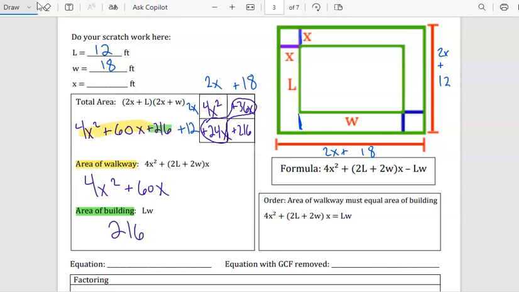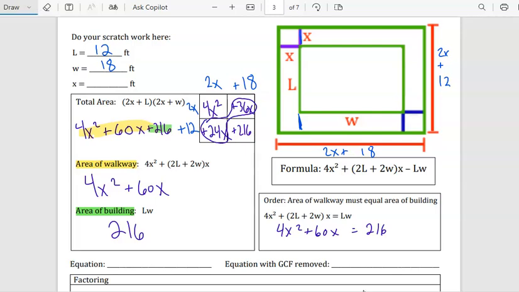Now from here, the area of the walkway must equal the area of the building. So we're going to set the area of the walkway equal to the area of the building: 4x squared plus 60x equals 216.